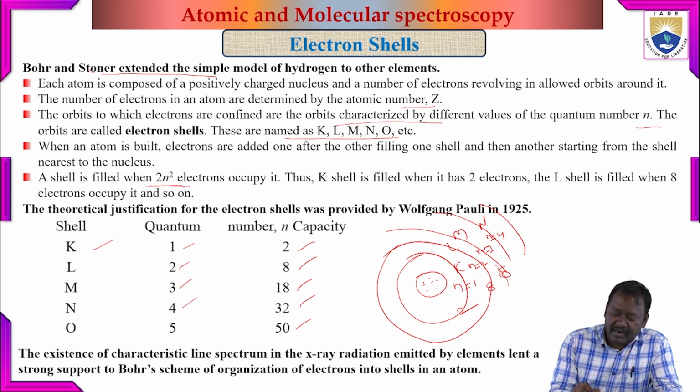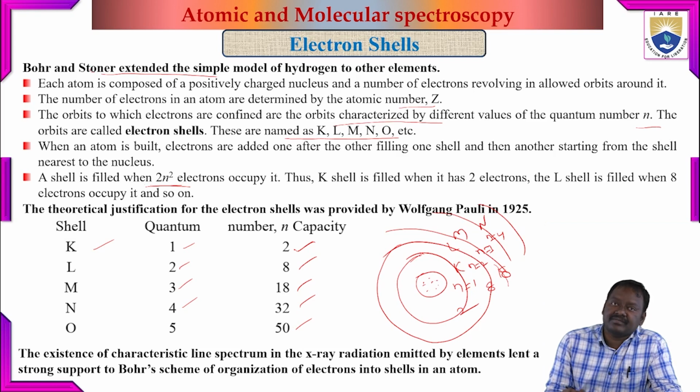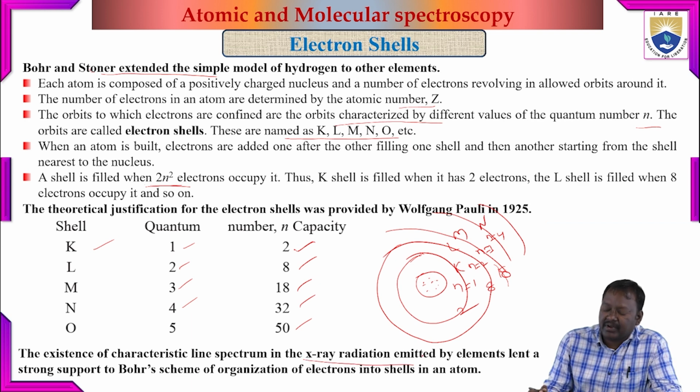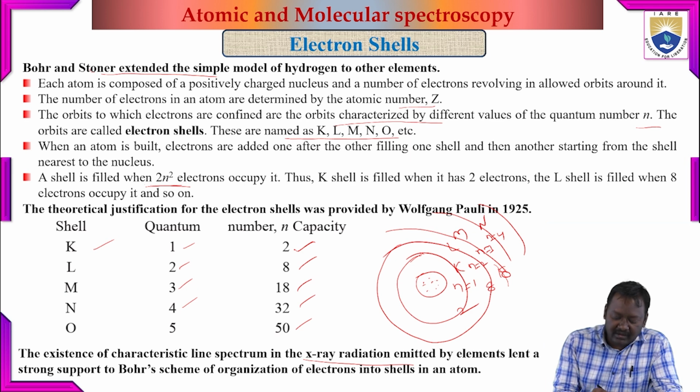The numbers of electrons that can be filled are 2, 8, 18, 32, 50. The filling of electrons in different orbits can be explained by the X-ray radiation emitted by elements. This gave very strong support for the hypothesis of Bohr and Stoner.